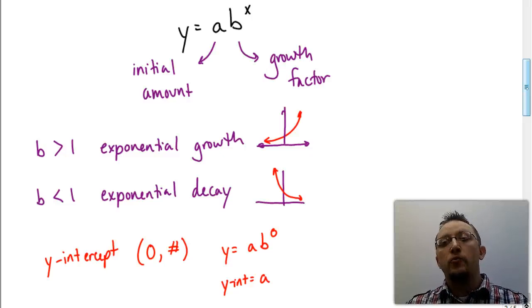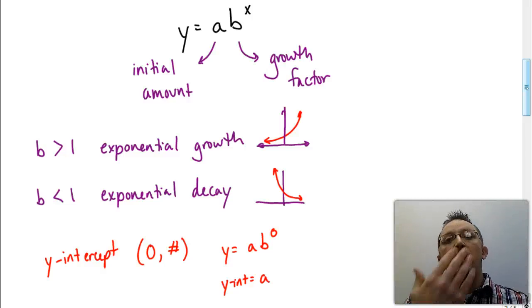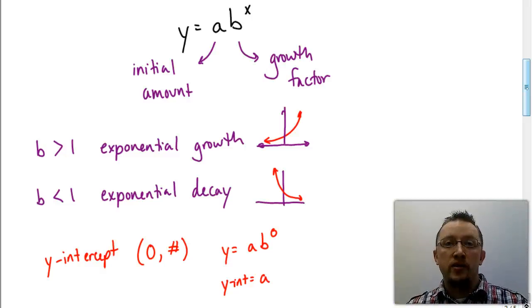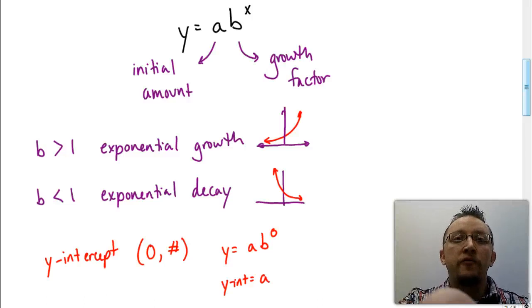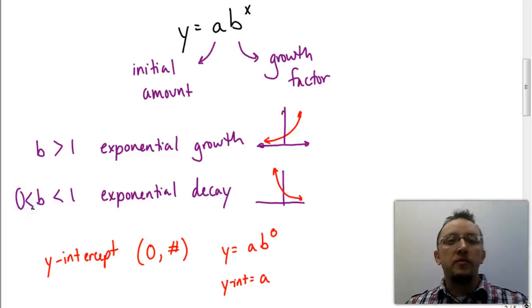When our growth factor is greater than 1, that means that the graph is going to be representing exponential growth. So it's going to be increasing over time. You can see that as x is increasing, the graph is also increasing. Now, the other case is when b is between 0 and 1.